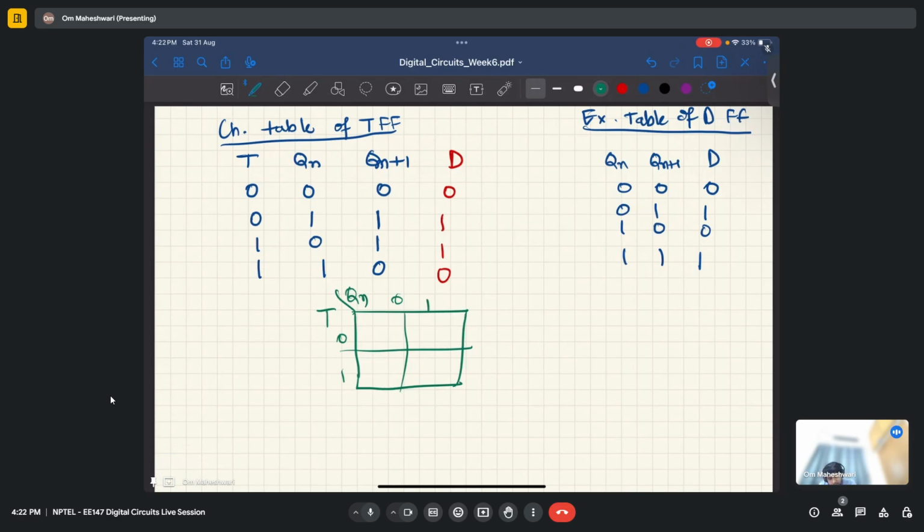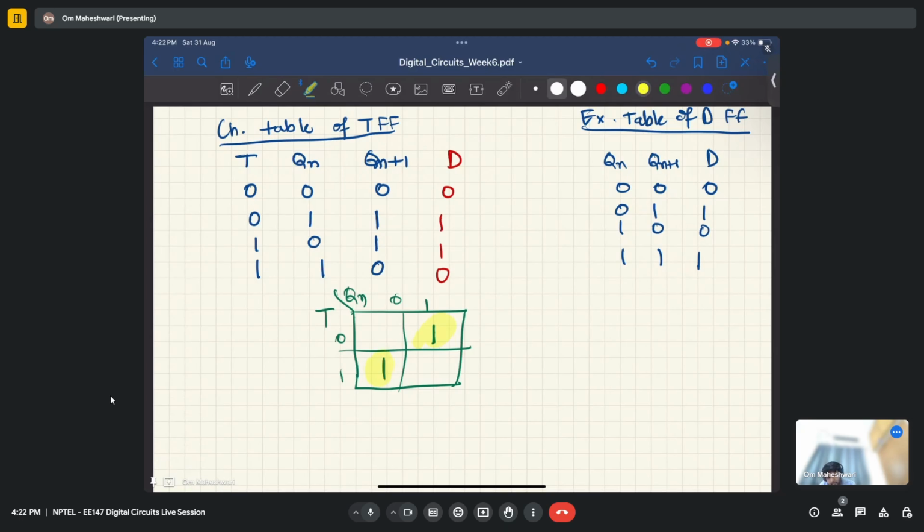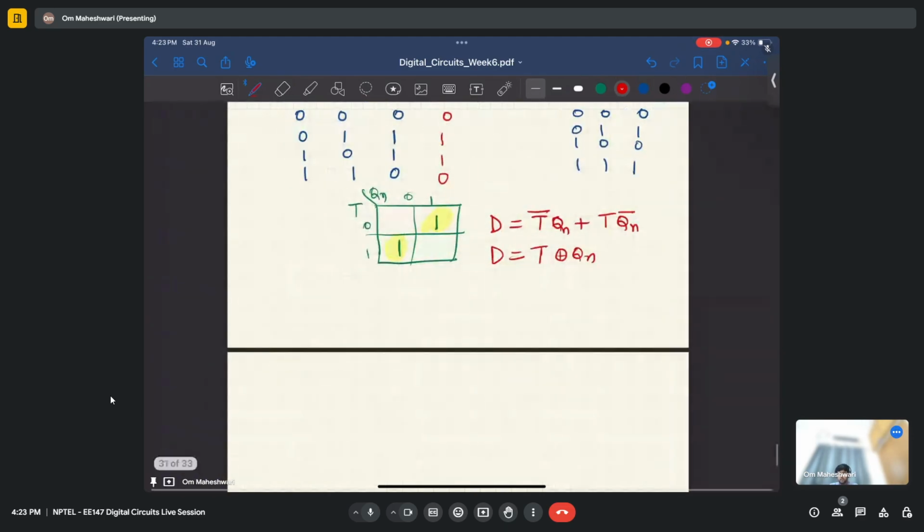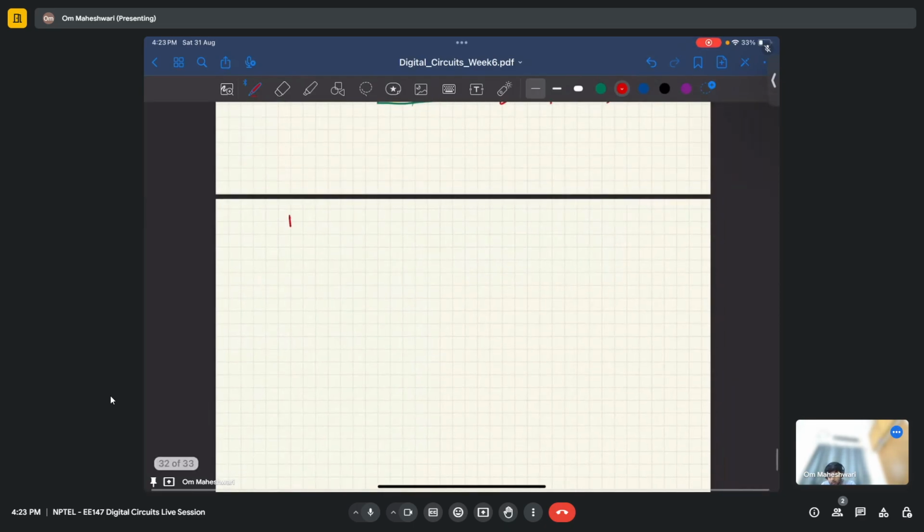0 0 it is 0, 0 1 it is 1, 1 0 it is 1, 1 1 it is 0. So with these two spots, D equals T bar Q plus T Q bar, which is T XOR Qn. So we have D equals T XOR Qn.